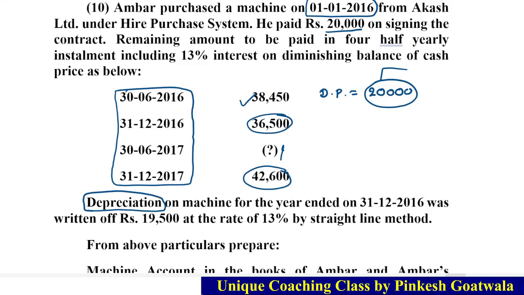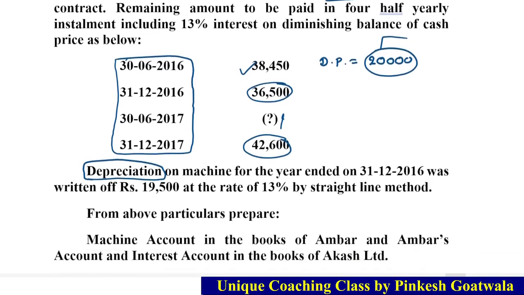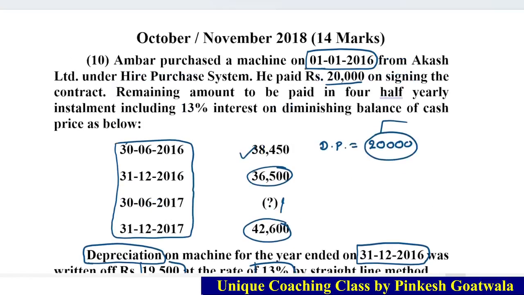So we know very well. First of all, what is the amount of depreciation? 19,500, on 31st December 16, at the rate of 30%, straight line method. And when was it purchased? 1/1/16.